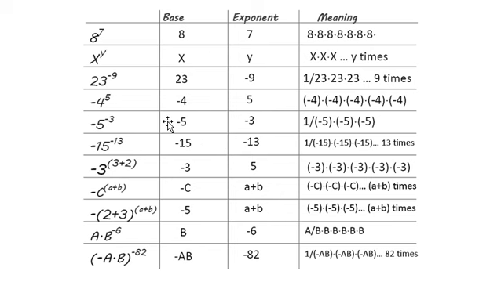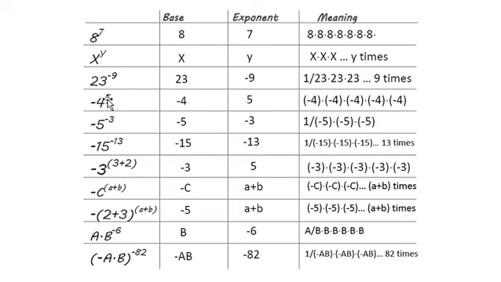Alright, we will take a look at it with numbers. So 8 to the power 7, we are multiplying 8 seven times. x to the power y, base is x, exponent is y, and we are multiplying that base y times. 23 to the power negative 9, base is 23, exponent is minus 9, so we're doing 1 divided by 23, 9 times.